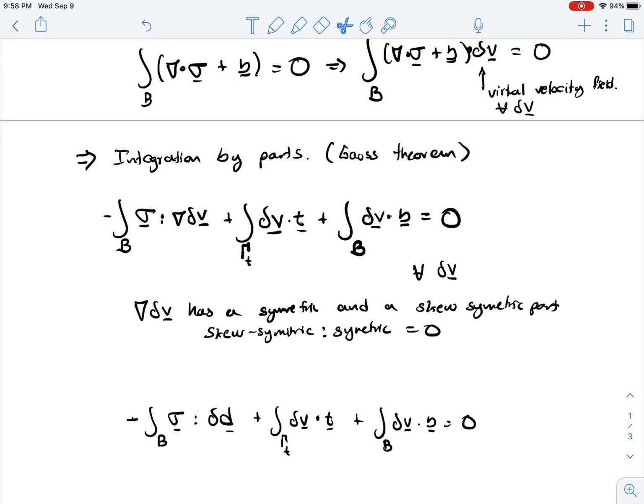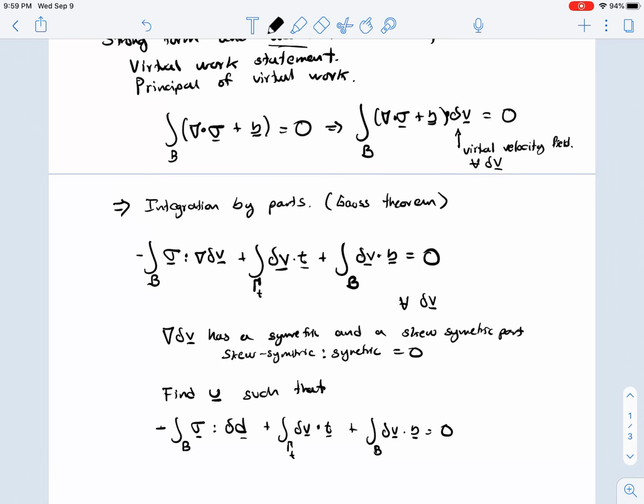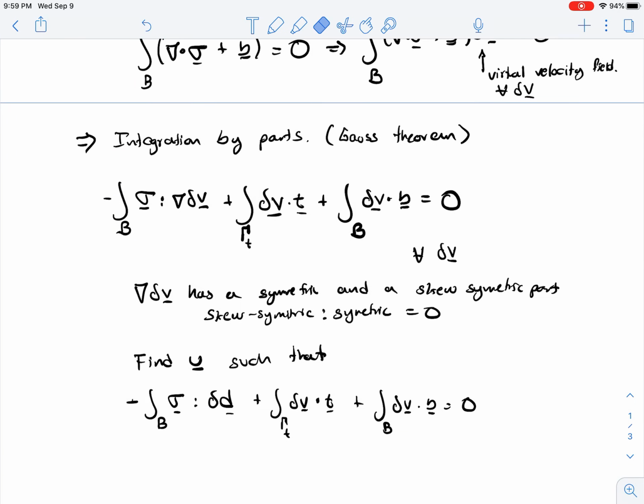find. So this sigma is a function of the displacements. So you want to find u such that, well, find u restricted to satisfying essential boundary conditions. Essential boundary conditions, or Dirichlet boundary conditions, or displacement boundary conditions, however you want to call them, is the same.